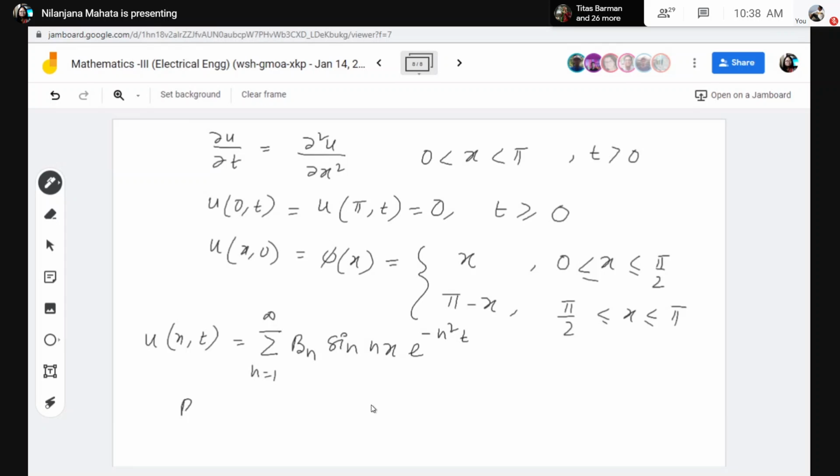So this is your solution, where this bn is given by 2 by L. Here L is pi.